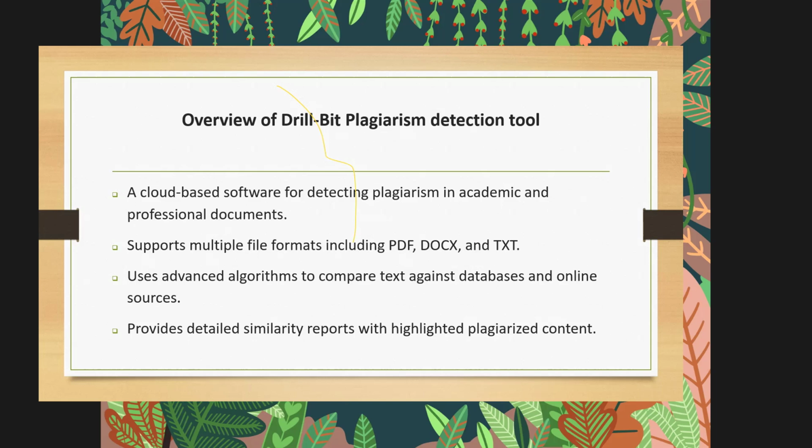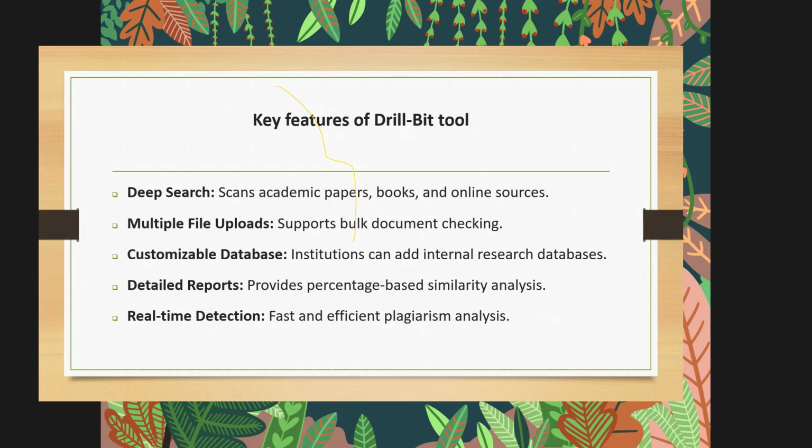It provides detailed similarity reports with highlighted plagiarized content. What are the key features? There is a deep search, which scans academic papers, books, and online sources. Multiple file uploads: it supports bulk documents for checking. For example, if you have a class of 50 students, you can upload all their files at once, and it will give you the similarity report for each student.